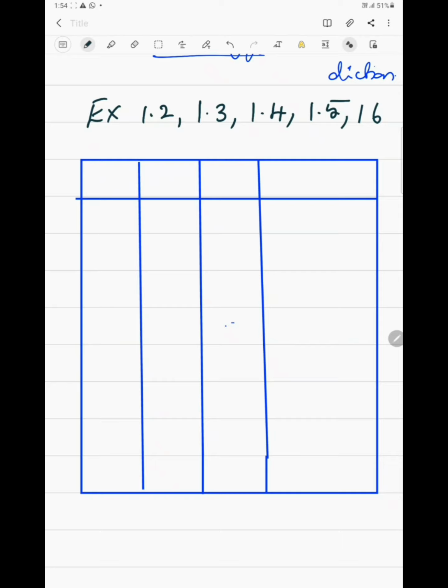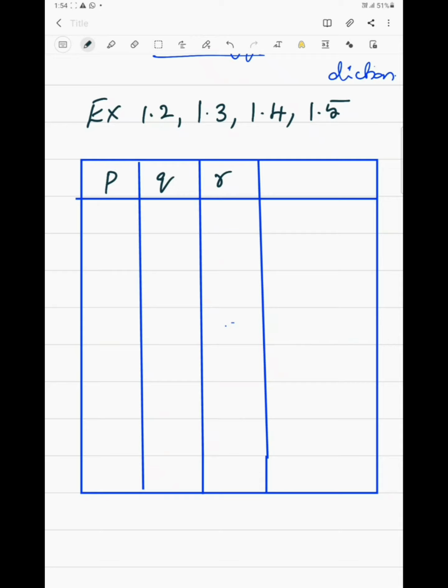Now, if P, Q, then we write TT, TF, FT, FF. If there are 3 statements, that is P, Q, R, then how can we form a truth table? If 3 coins are tossed, what do we get?